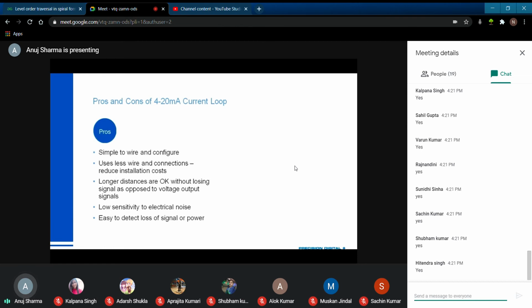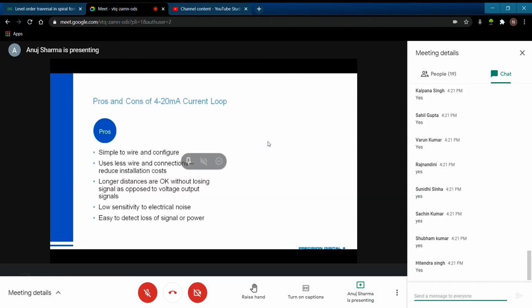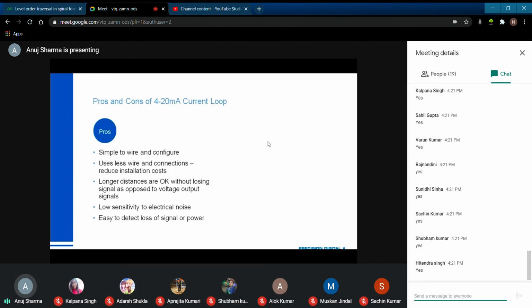Longer distances are okay without losing signal, as opposed to voltage output signals. You'll recall that the wire isn't really relevant to a 4 to 20 milliamp loop in almost any case. It does have a voltage drop associated with it. So if instead of a 4 to 20 signal, I was using, say, a 0 to 10 or a 1 to 5, well, now I'm measuring voltage, and I may have some kind of voltage transmitter that would regulate my voltage at the transmitter, but then I would have a voltage drop across the wire and other components.